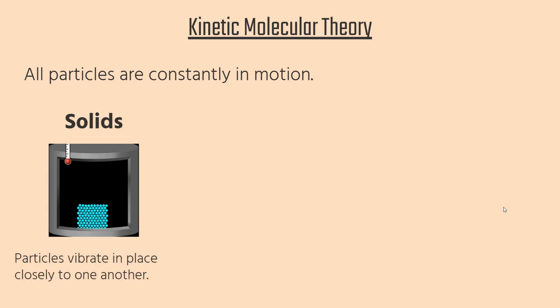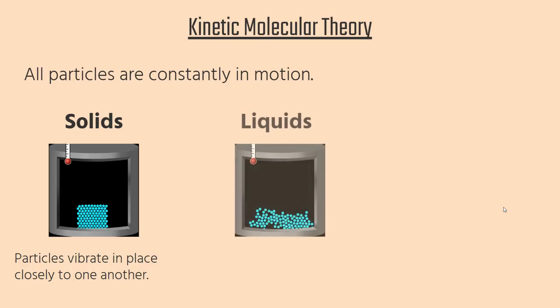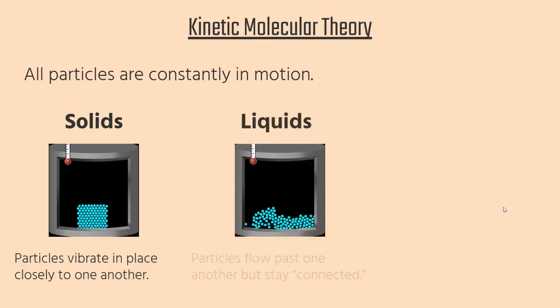They're bound to one another through some form of bonding, be it ionic or covalent or some other type of force, but they're basically vibrating in place. If I look at a liquid, the particles are still attracted to one another, but they can flow past one another. They have more energy, enough to flow past all the other particles around them.